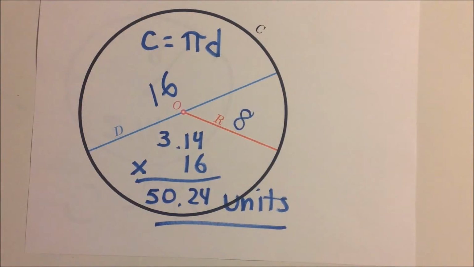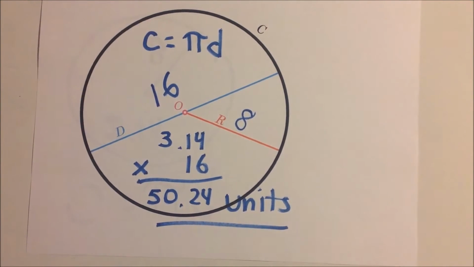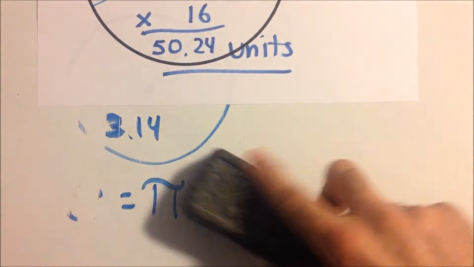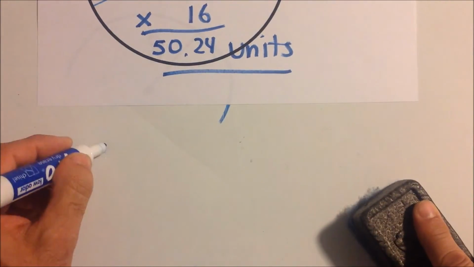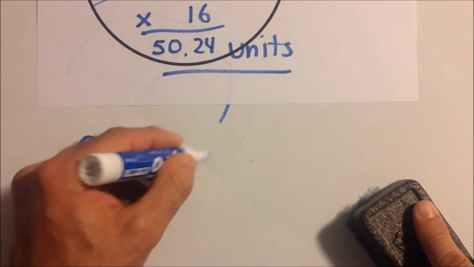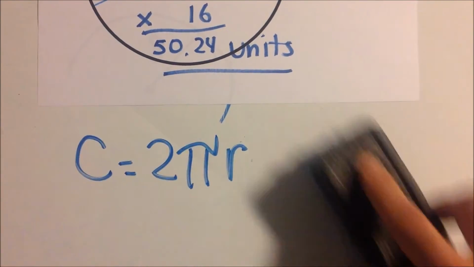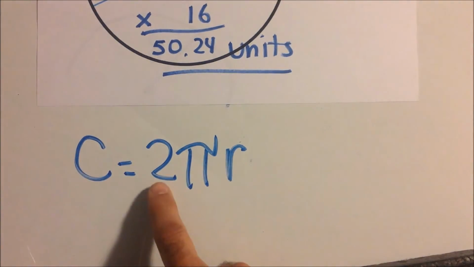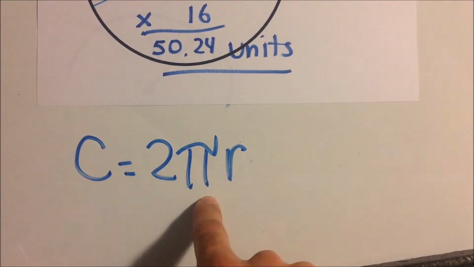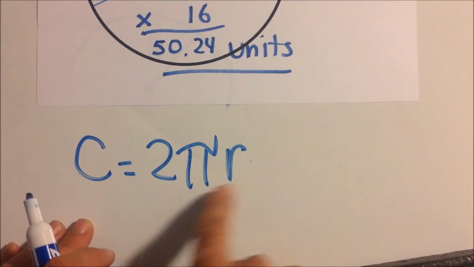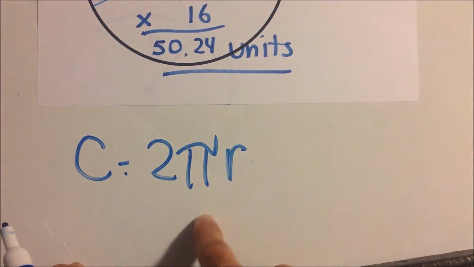Now you get the same answer if you use the other formula. Let's try the other formula now. Circumference equals 2 times pi times r. Or you can just do 2 times r times pi, because again, multiplication is commutative. It doesn't matter which way you do it.